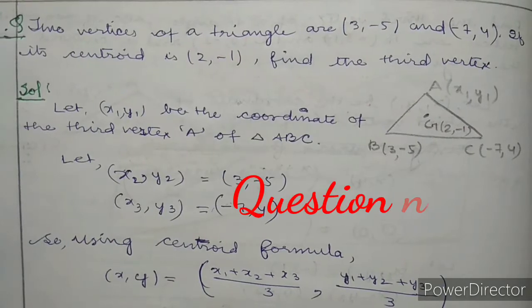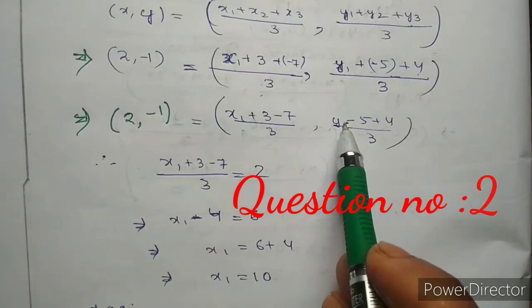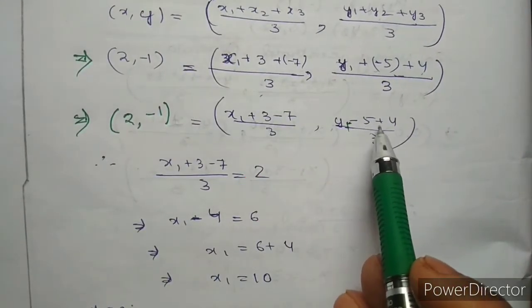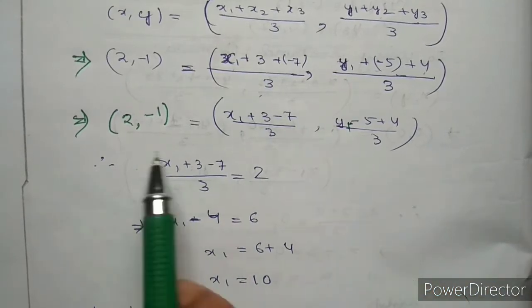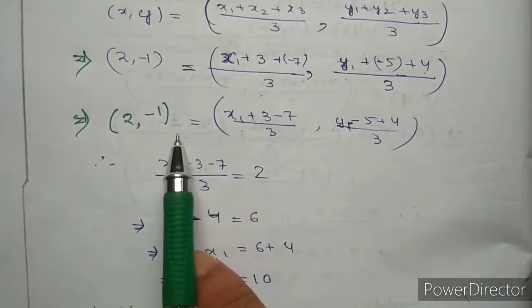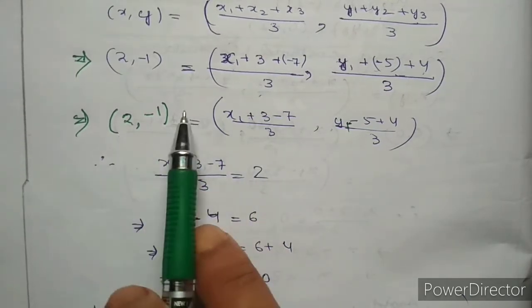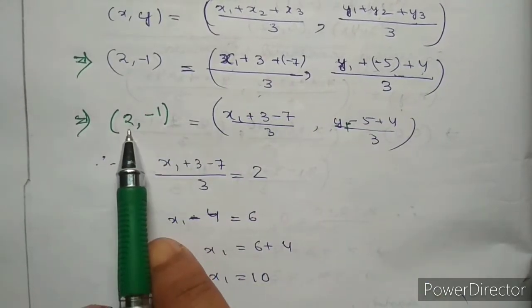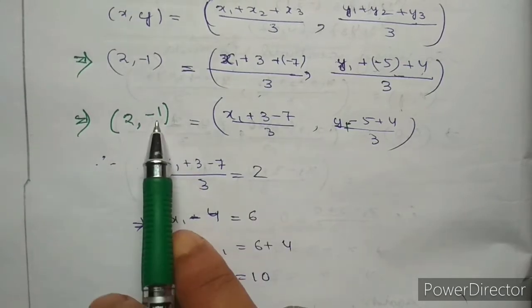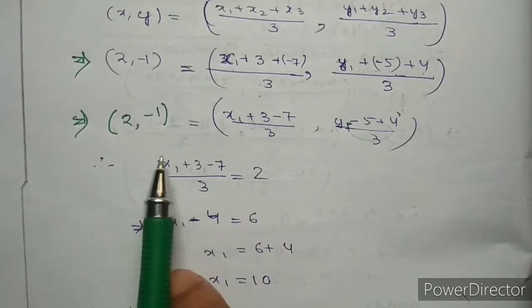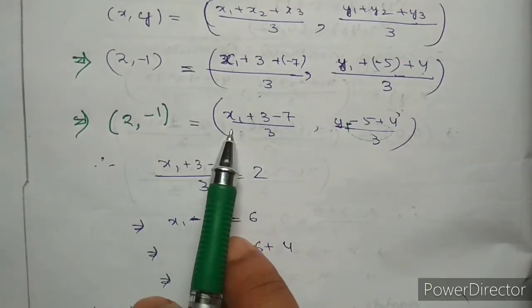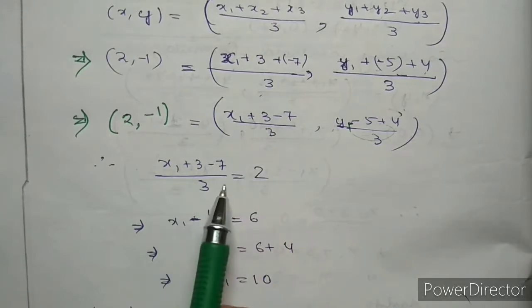Now suppose y1 minus 5 plus 4 by 3. Fine. Now from this position, you can just compare the x component and y component, because these two must be equal to this part and minus 1 must be equal to this part. So from the first part we can write (x1 plus 3 minus 7) by 3 equals 2.